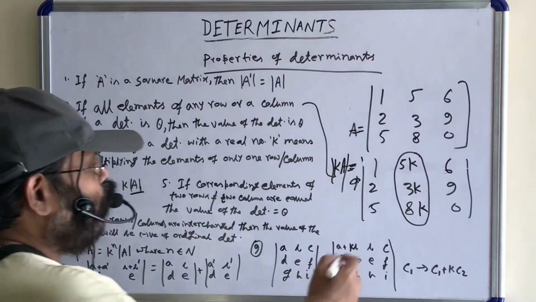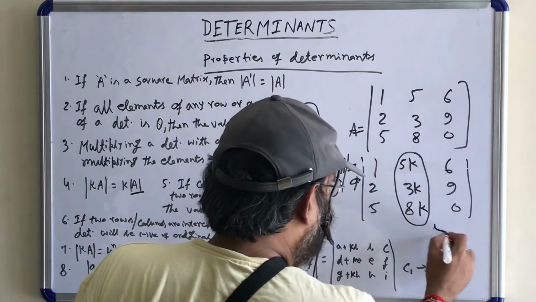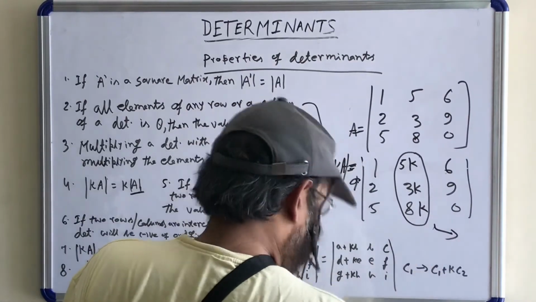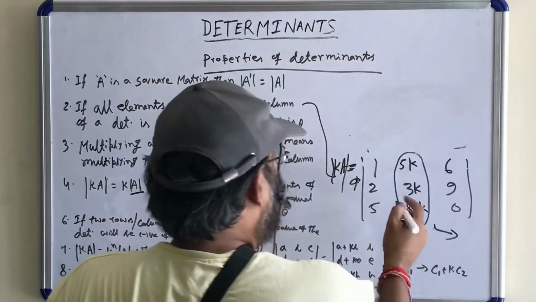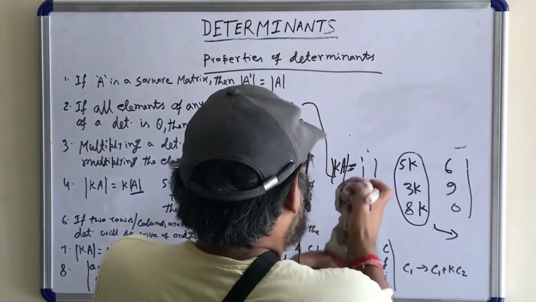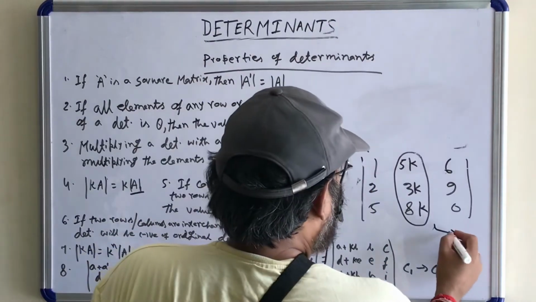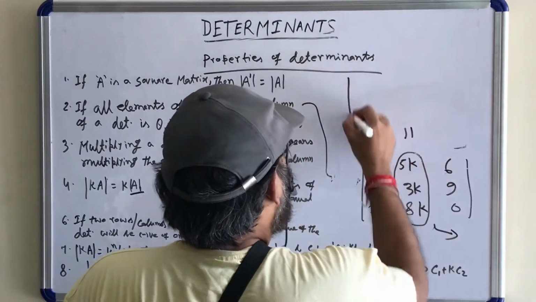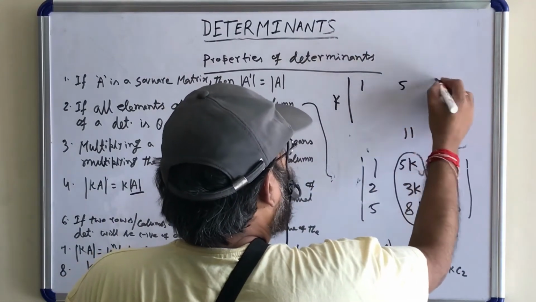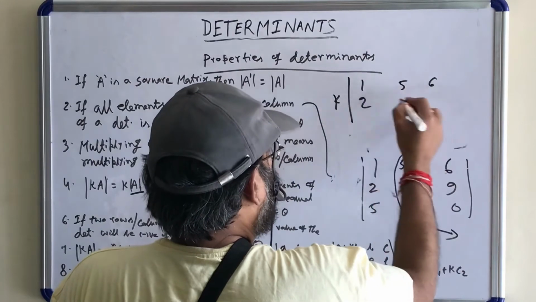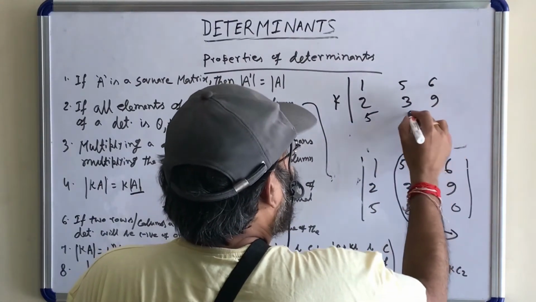That is, if you find the value of this determinant, it will be the same as the value of this determinant: 1, 5, 6, 2, 3, 9, 5, 8, 0.